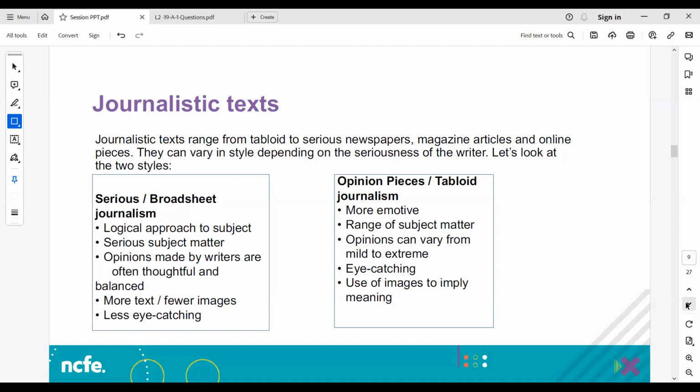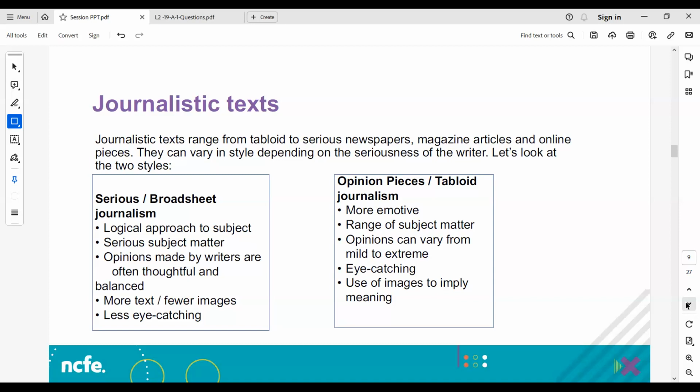So the broadsheets, newspapers like the Financial Times, the New York Times, the Guardian, the Telegraph, tabloid journalism, the Sun, the Express, the Mirror, the Daily Mail.